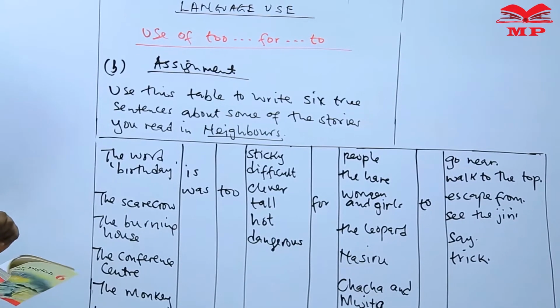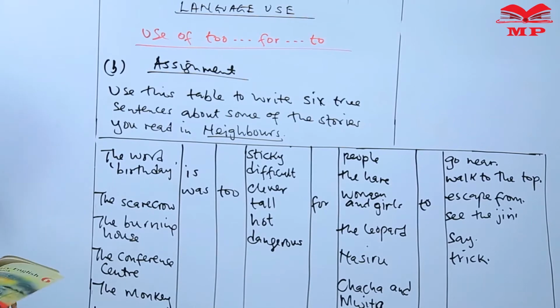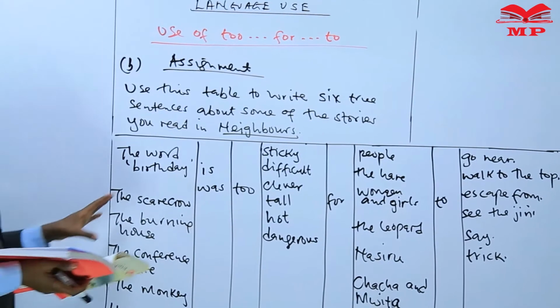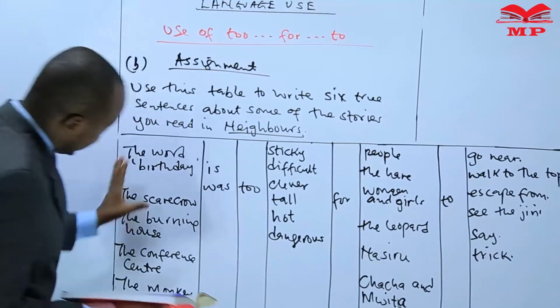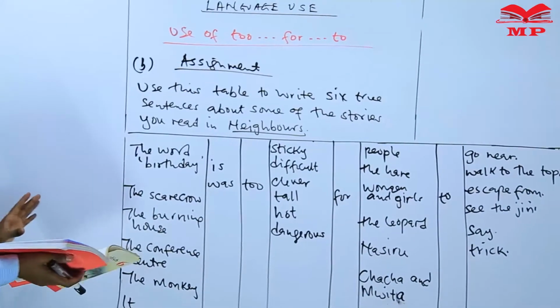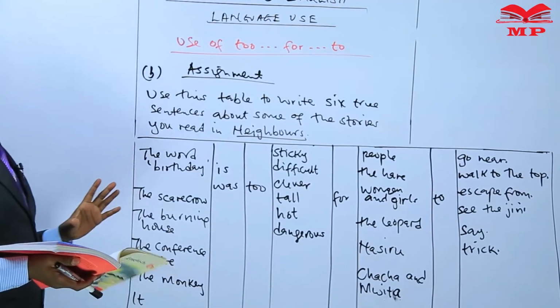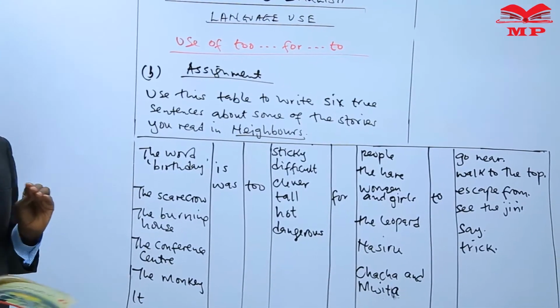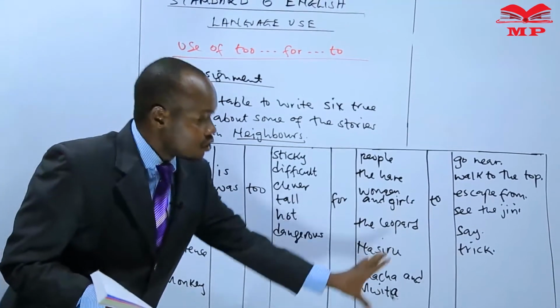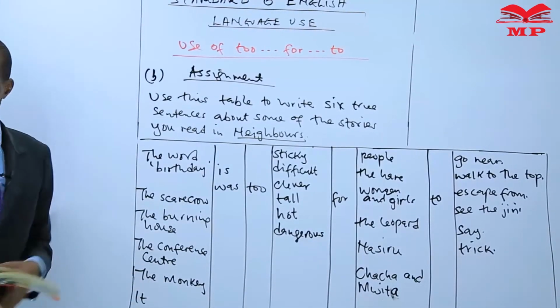Neighbors is a book that you used in class 5, standard 5, okay? Yes. So I've come across these words. So you're going to construct sentences. You're going to form sentences from this table, okay? From this table.